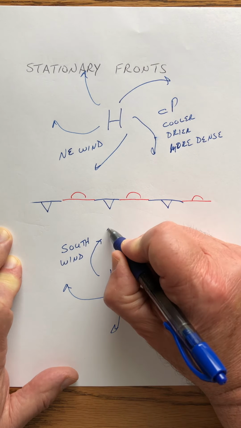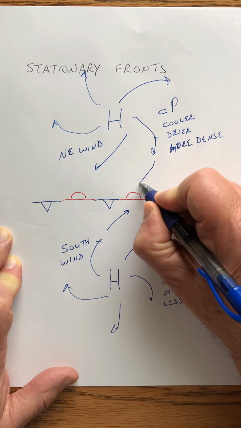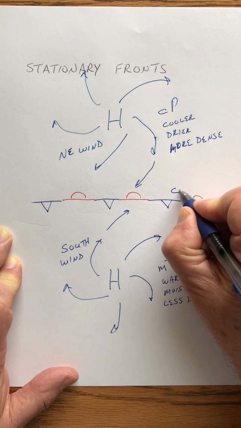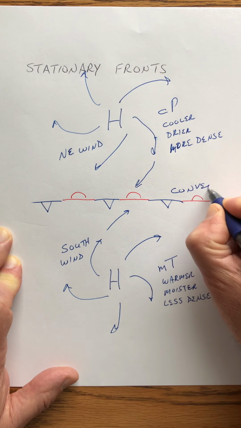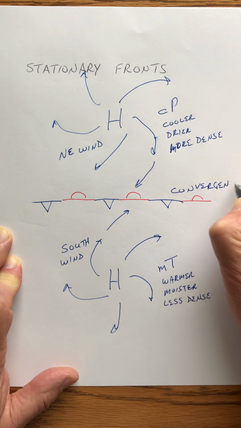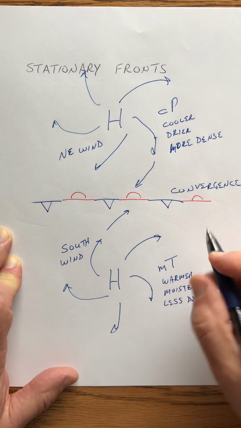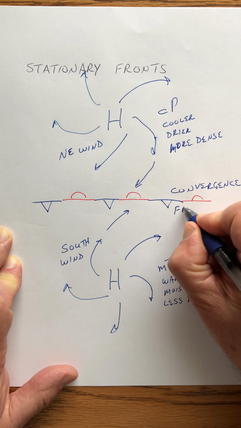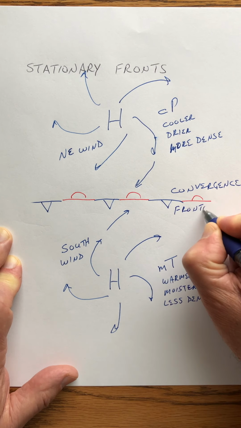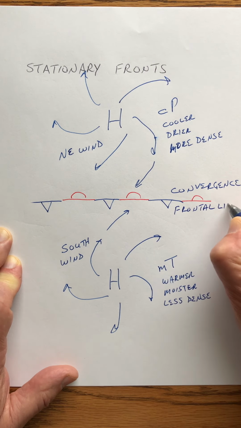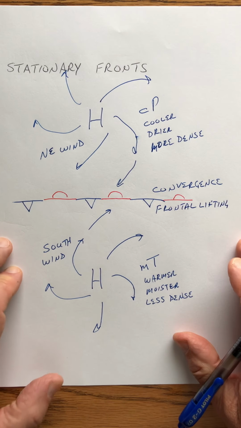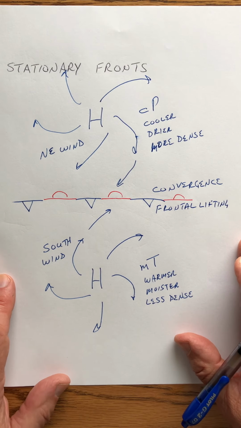All right, so if we just follow this along, we've got convergence taking place, and also frontal lifting. So we have two methods of causing the air to rise along a stationary front.